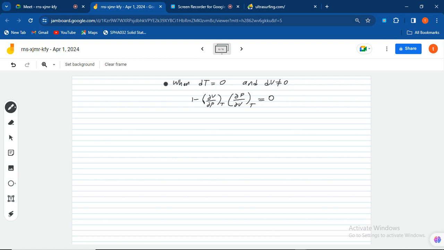And we have ∂V/∂P at constant T equal to 1 over ∂P/∂V at constant T.